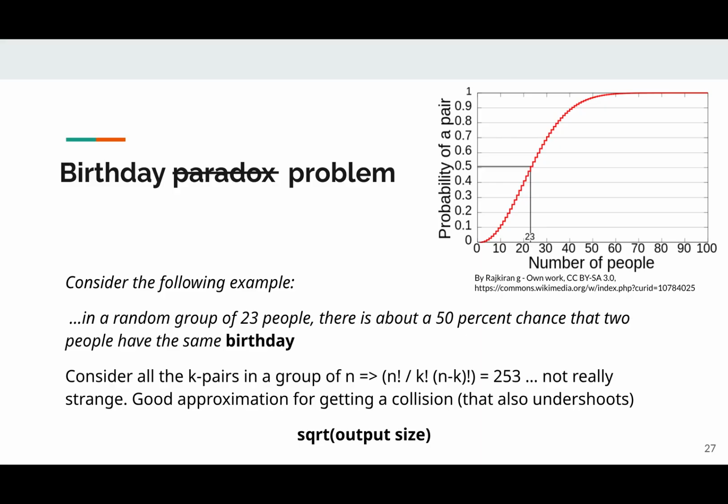And to do that, you take all the k pairs, in this case k is 2, you're going to find a pair of two people in the group of n people, where n is 23, and you take the binomial coefficient to find the number of pairs in that group.